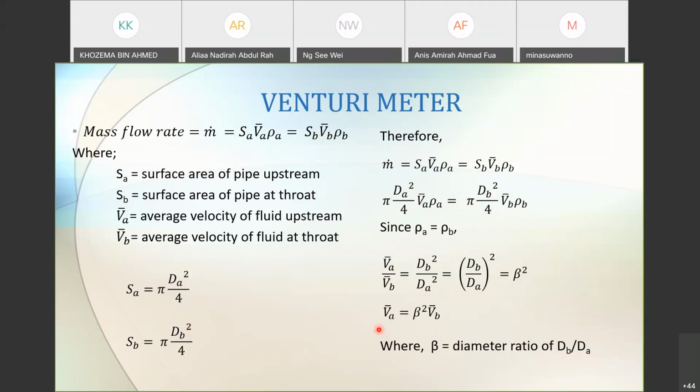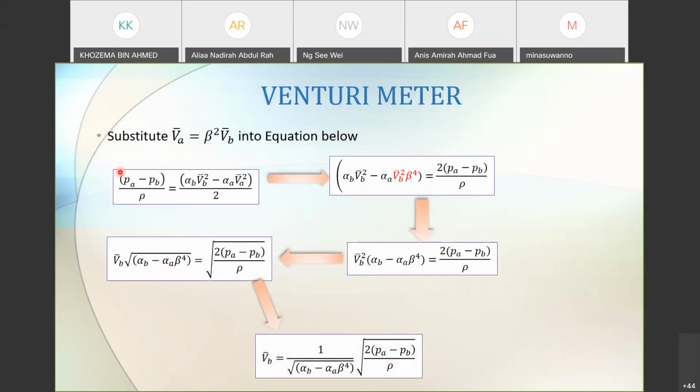Now we take this value and input it in our Bernoulli equation. So this is the simplified Bernoulli equation from the previous slides. PA minus PB over rho is equal to alpha B VB squared minus alpha A VA squared over 2. We have defined that VA is equal to beta squared times VB.